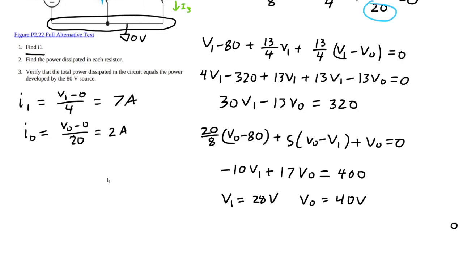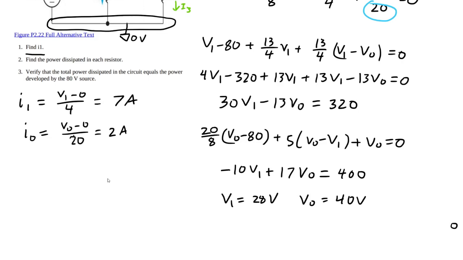We're going to use V squared over R for that one, because that way it'll save us a little bit of trouble calculating the current. So P equals, in fact, we can calculate the current. I don't know why I'm worried about that, because we have the voltage drop across it.